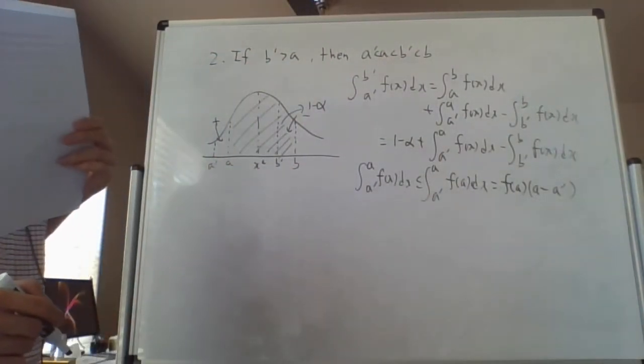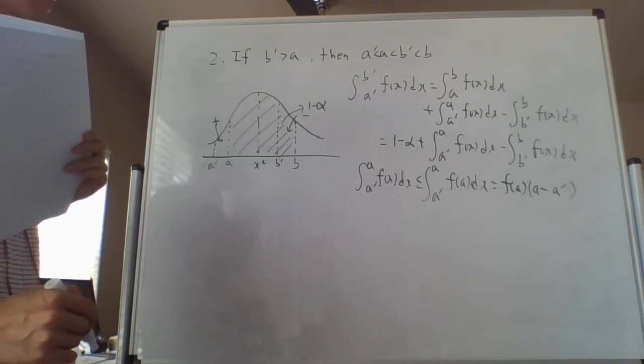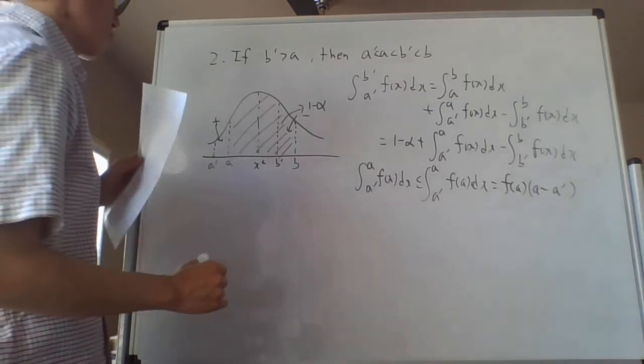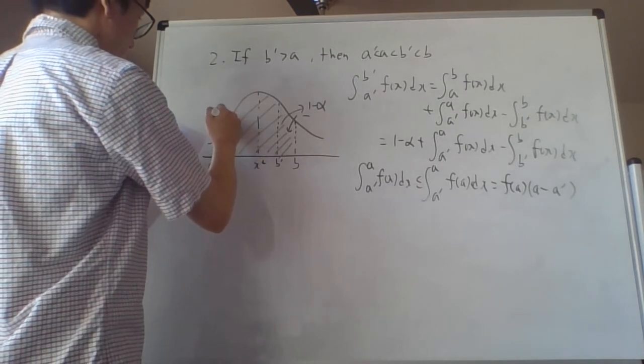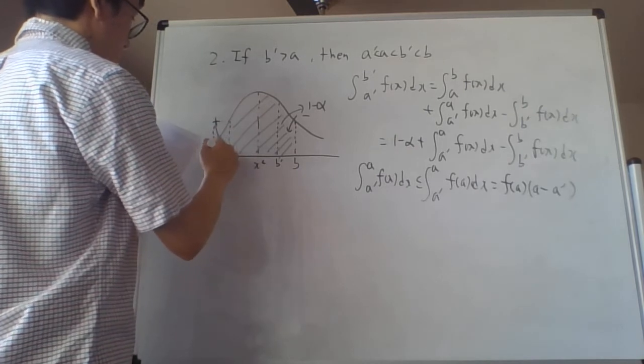You have this. So the area between a prime and a, the integral of f(x) dx, is less than or equal to f(a) times a minus a prime, which means this area is less than or equal to this rectangle.